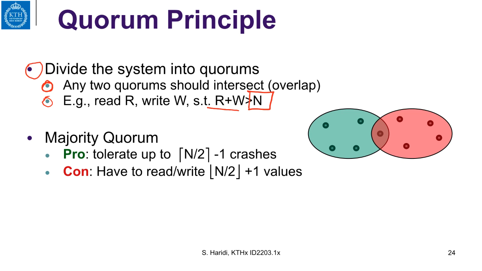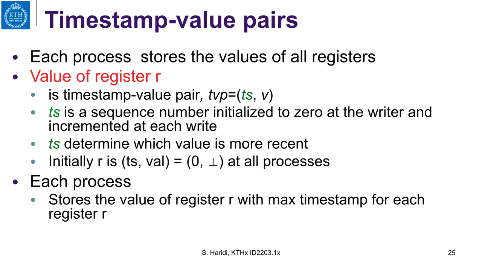A majority quorum has both advantages and disadvantages. The advantage is that it tolerates the crashes of a minority of processes, and the disadvantage is that a process has to read and write from a majority of processes. So let us now look at the algorithm.